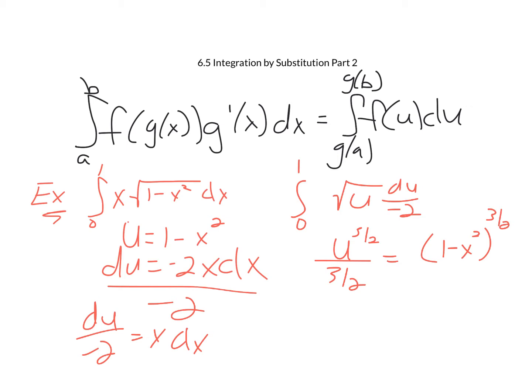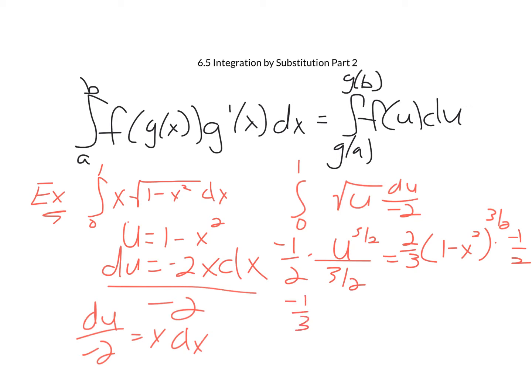I flip what's in the denominator, make a multiplication, so 2 over 3 times the quantity 1 minus x squared to the power of 3 halves. Though I forgot the times negative 1 over 2. Where did I get negative 1 over 2 from? Right here, because we're dividing by negative 2. So that's going to get us negative 1/3.